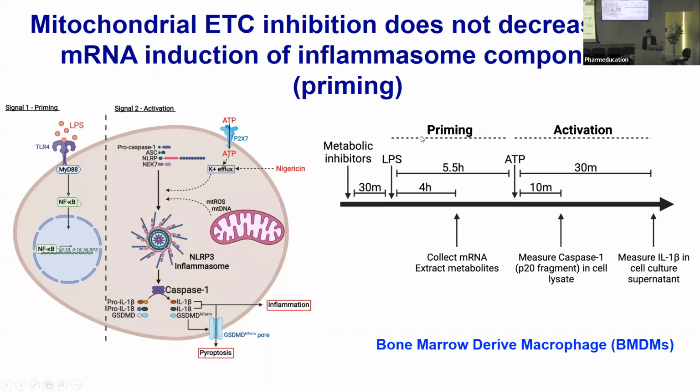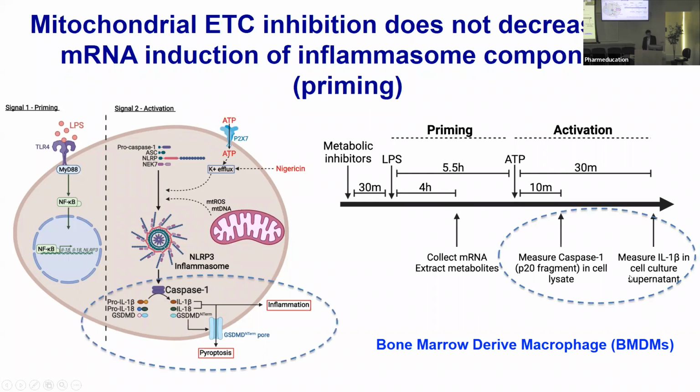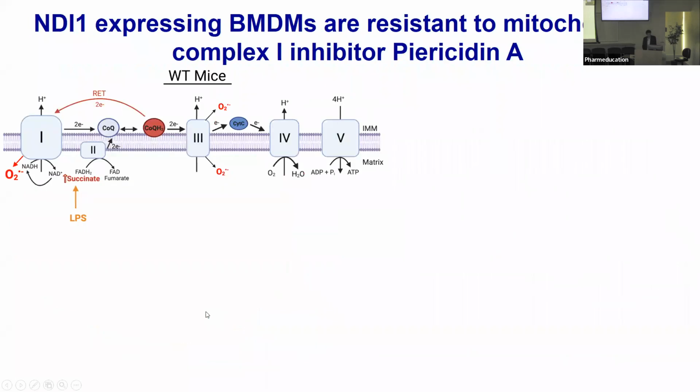So all the priming effects were not inhibited by any electron transport chain inhibitors. The effects were all seen when we looked at caspase-1 activation and IL-1 beta. So that's important to note. Most of the data I'm going to show you is caspase-1 and IL-1 beta, which are the downstream effect.